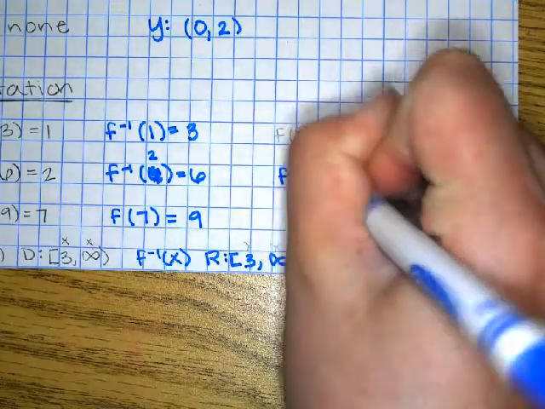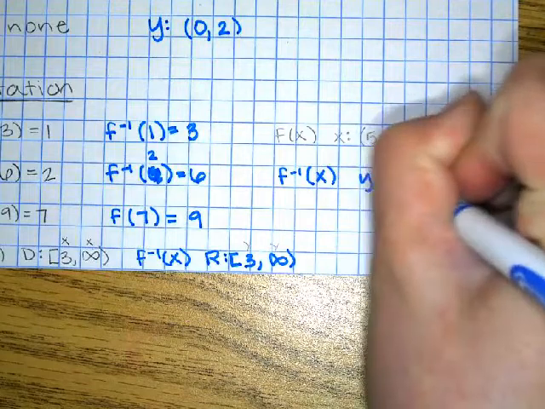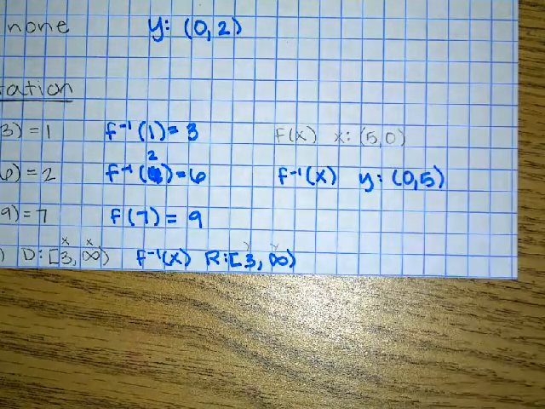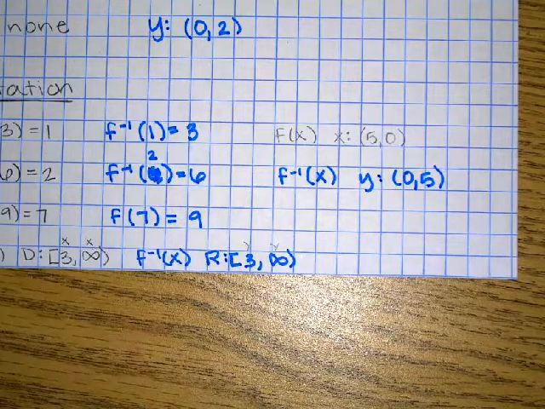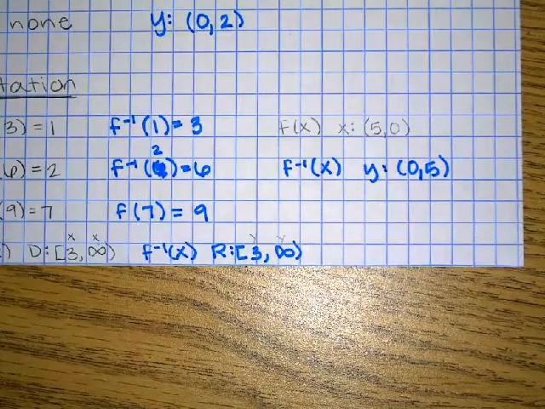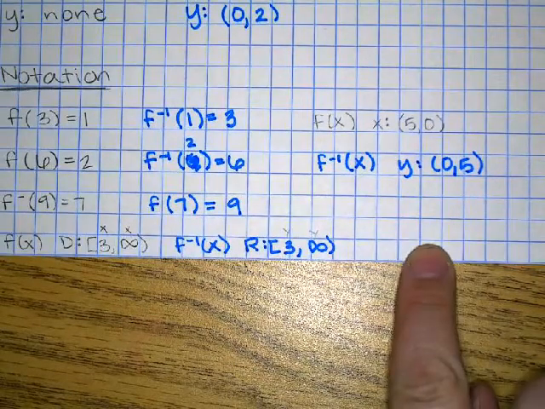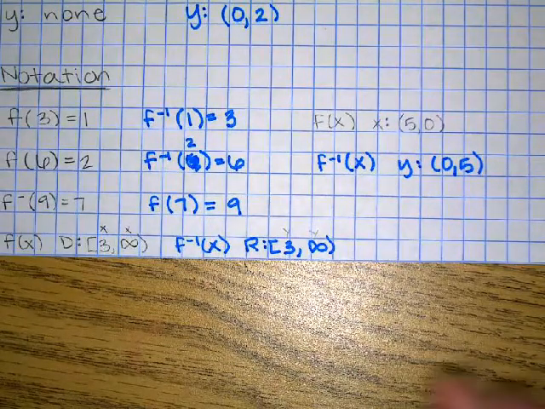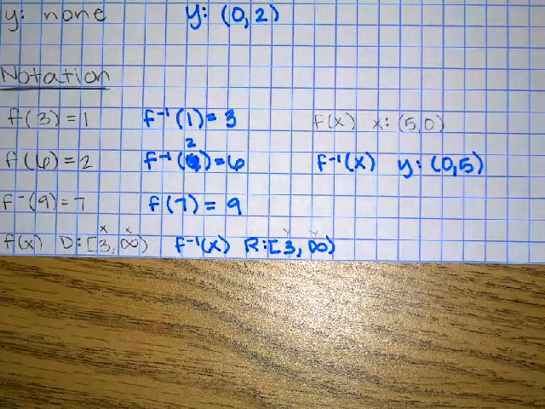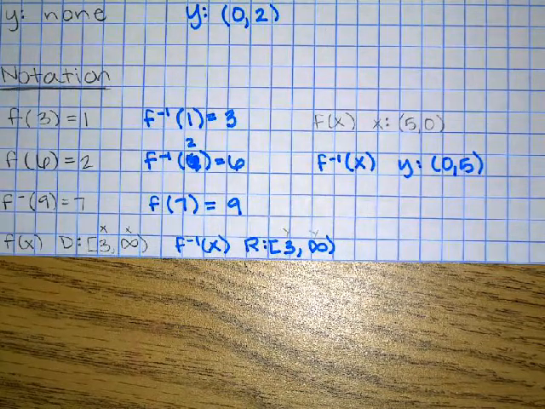Okay. Does that make sense? Those things make sense? Okay. So, yes, it does get more complicated, but you're still just thinking through, I'm trading the x, I'm trading the y. I just have to be careful as I'm trading it. I have to be careful that the way that I'm trading the x and the y makes sense.